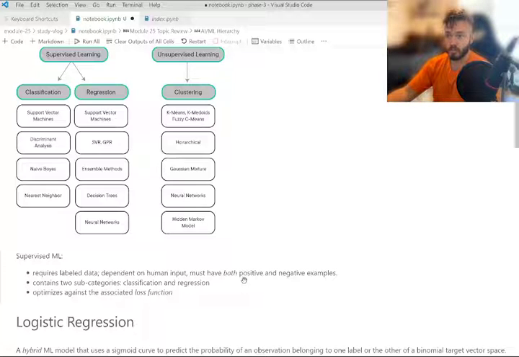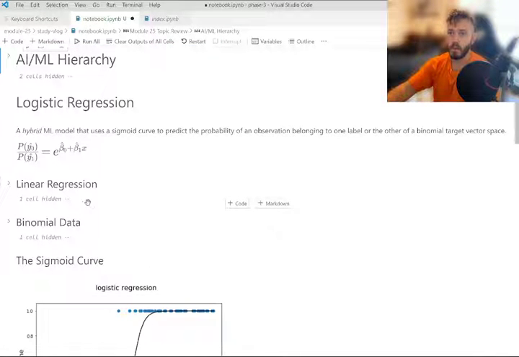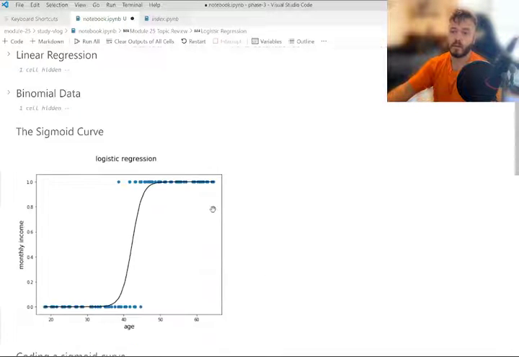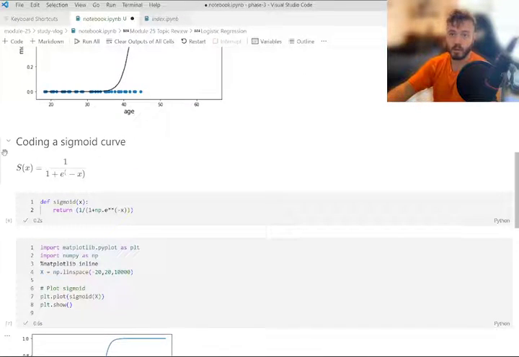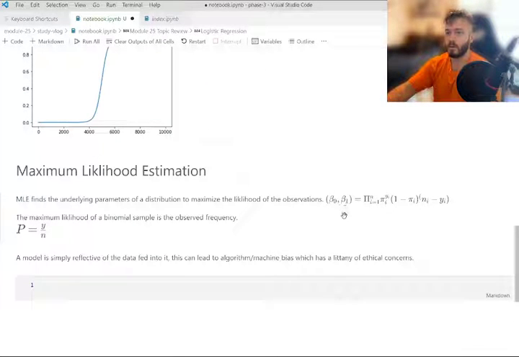So that's important to remember, that you need positive and negative examples for your labeled data. Logistic regression is used to classify. It's a regression model used to classify data. Be really mindful of the data that you're feeding in, and how that affects your maximum likelihood estimation for any given parameter in your data.